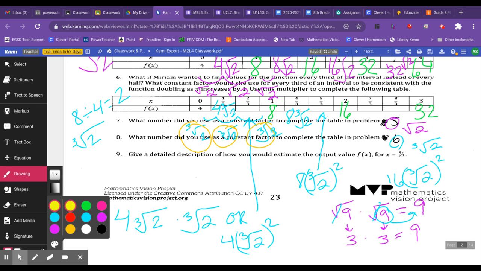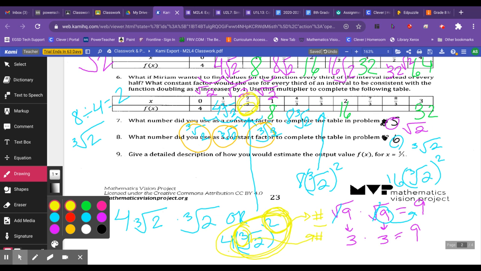Well, if we look at this one right here, notice it's 4, and then over here in our parentheses, we have cubed root of 2 squared. Well, that filled in for the 2/3 power. So this number, the exponent, becomes our numerator, and the 3 on the bottom, the third, or our root, becomes our denominator.